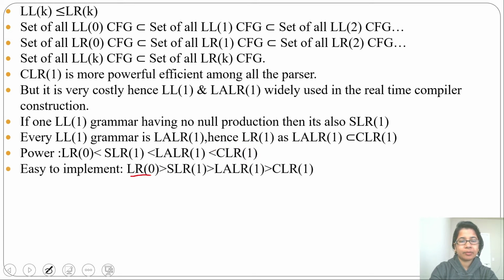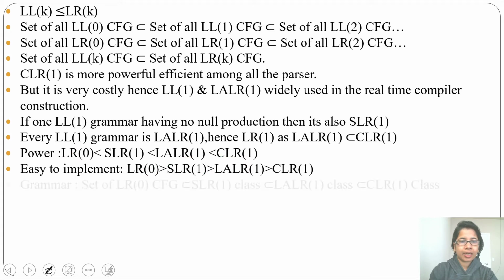LR0 is easier to implement than SLR1, SLR1 is easier to implement than LALR1 and LALR1 is easier to implement than CLR1. One question was asked about this, which is most powerful and which is easiest to implement, and there the LR0 option was not given. It was just given SLR1, LALR1 and CLR1. Among that, CLR1 is most powerful and SLR1 is easiest to implement.